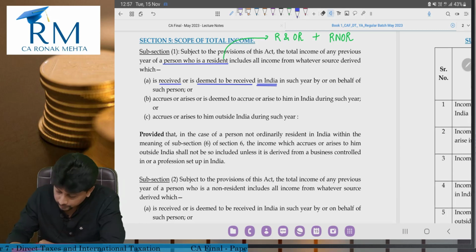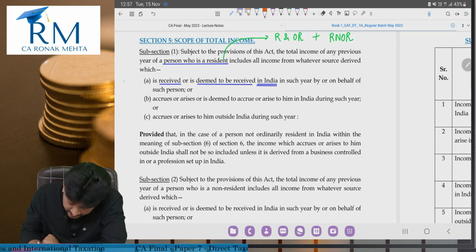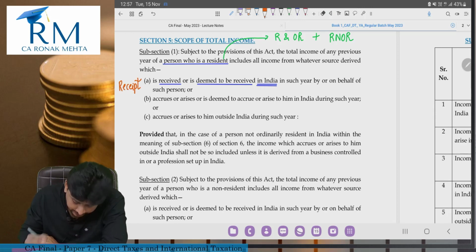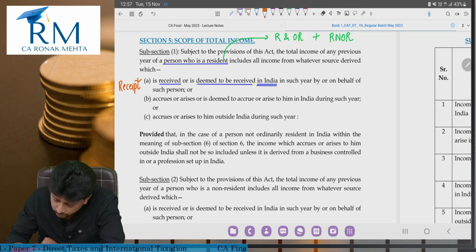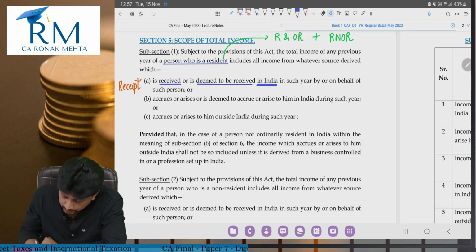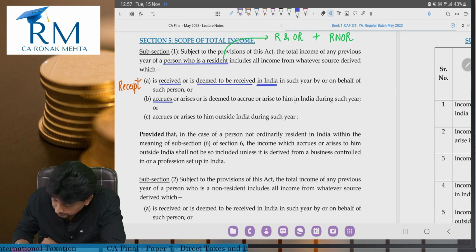So number 1, our basis of taxing the assessee is receipt. Number 2, accrues in India, or is deemed to accrue or arise in India.